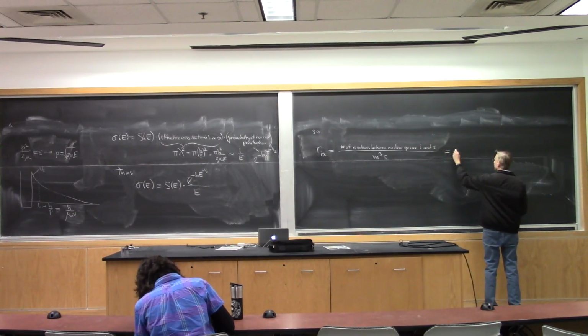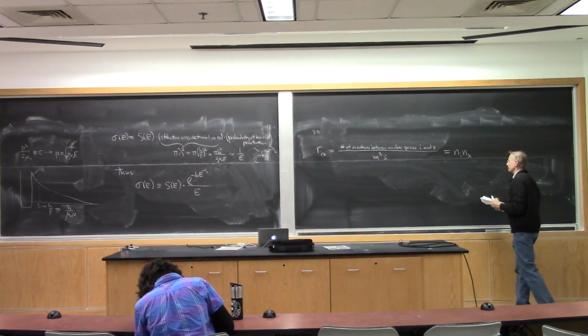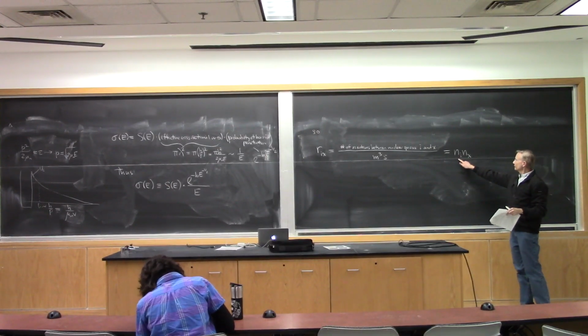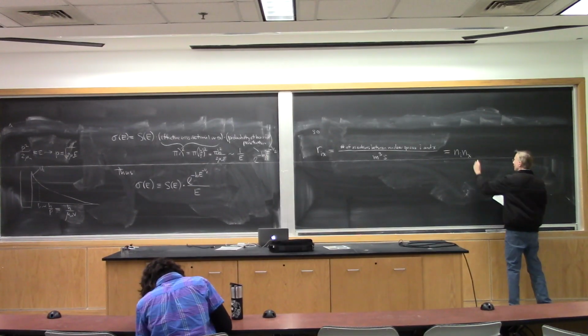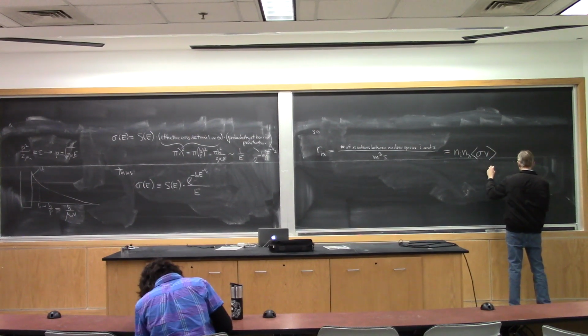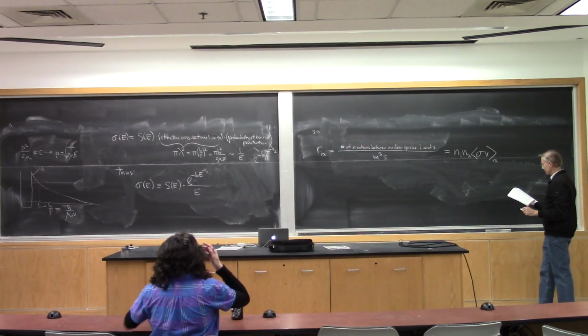This was N_I N_X, the number of I nuclei per cubic meter times the number of X nuclei per cubic meter times this sigma v_IX, funny notation that we used.